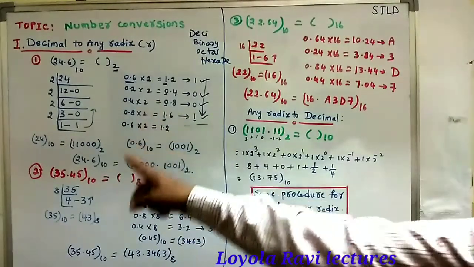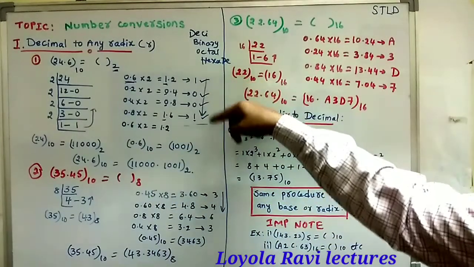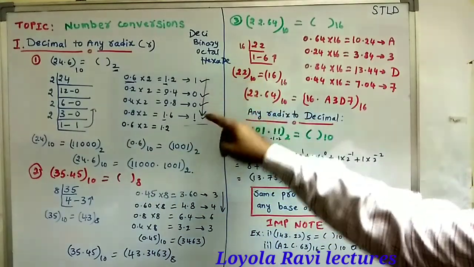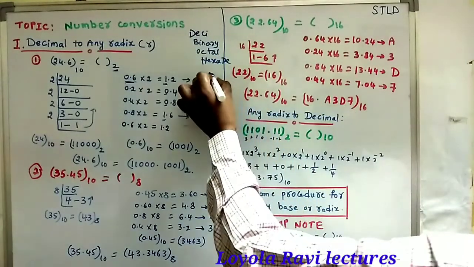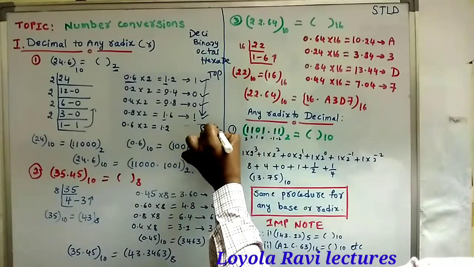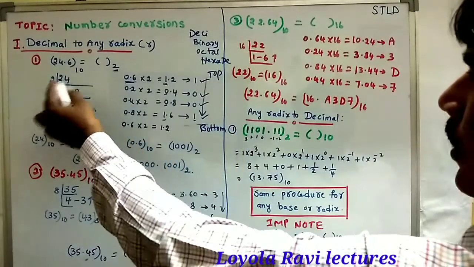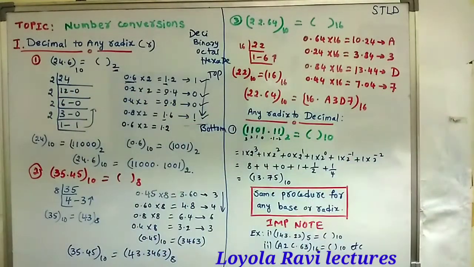Then 0.6 base 10 is equal to, here you have to take top to bottom, 1 0 0 1. For the fractional part, take the integer parts from top to bottom. If it is an integer part, bottom to top. If it is a fractional part, top to bottom.